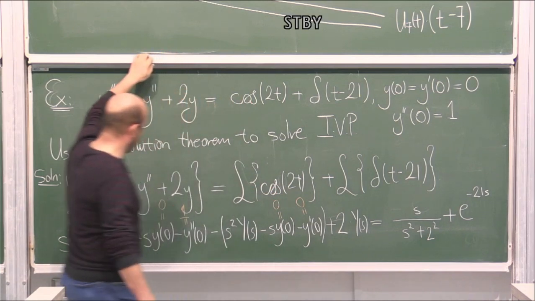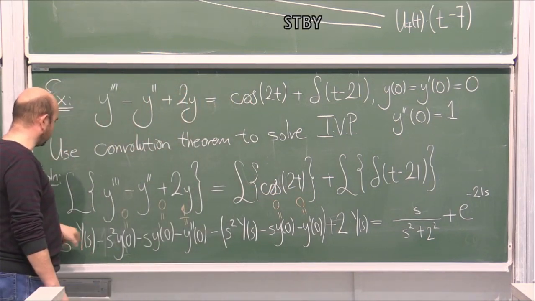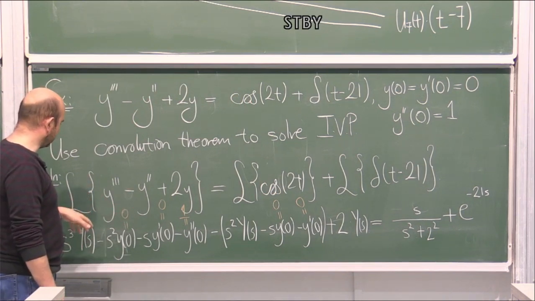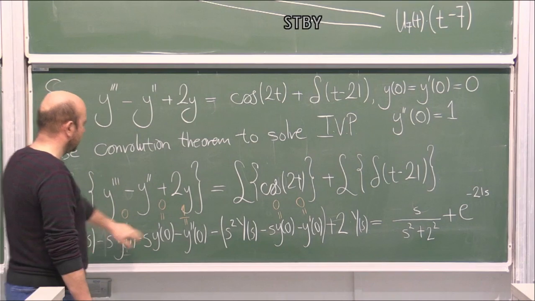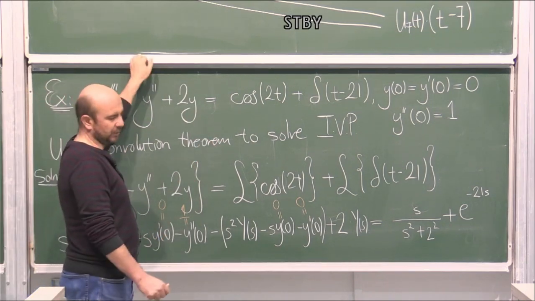So from this now, we get y of s times parentheses s cubed minus s squared plus 2. But then there's only one non-zero term left, that is this one, which is minus 1, so I will take it to the other side.